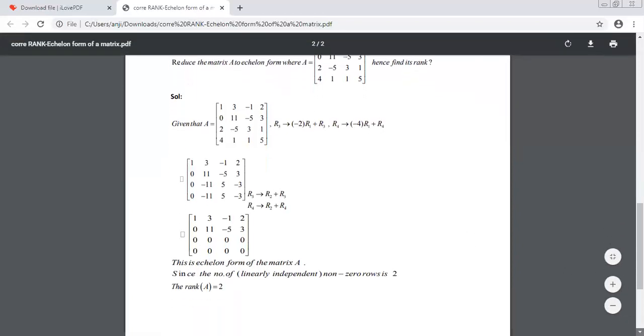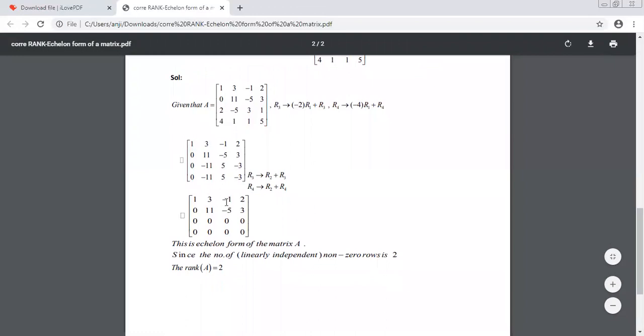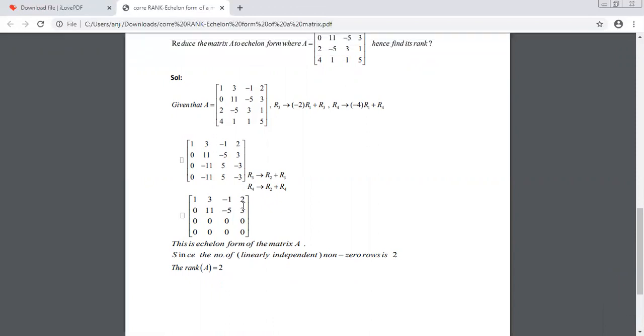By applying these operations, R1 and R2 are the same, there is no change. R3: 0, minus 11 plus 11, 0, 5 plus 5 minus 5, 0, 0. And similarly, the fourth row is also 0. So clearly, this matrix is in echelon form. Why?